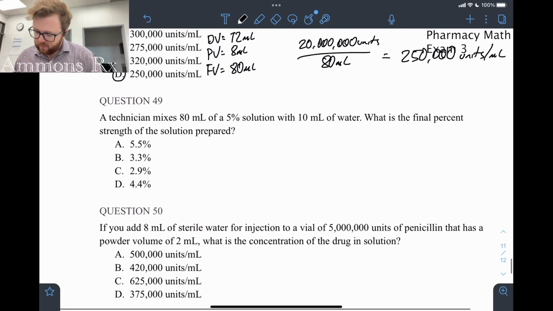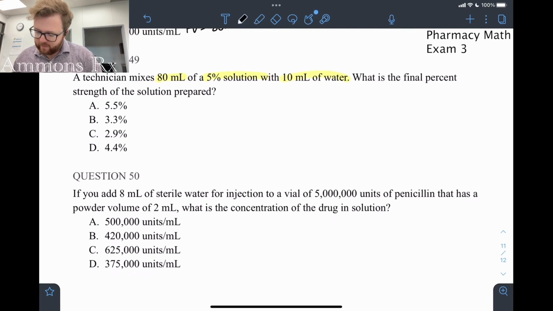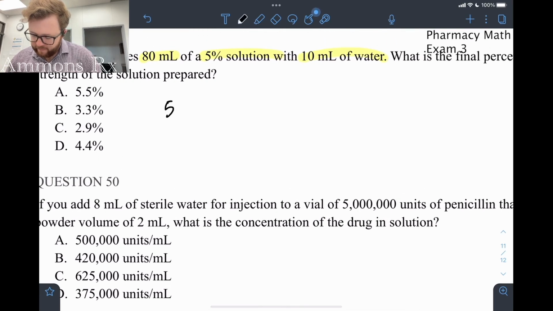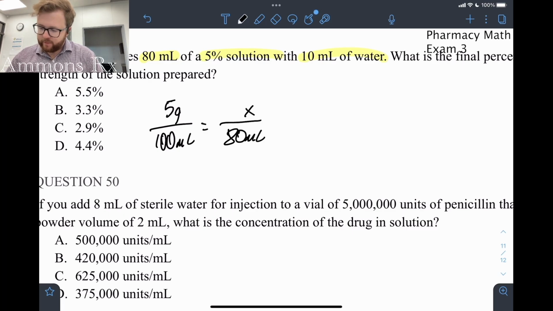All right, two more. 80 mils of a 5% solution with 10 mils of water. We need the final percent. You start with your 5%, and you have 80 mils of it. So 5 times 80 divided by 100 means that you have 4 grams.